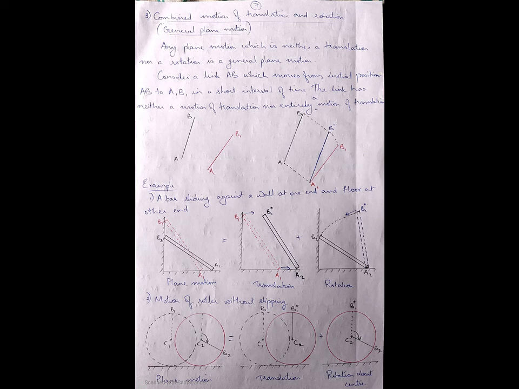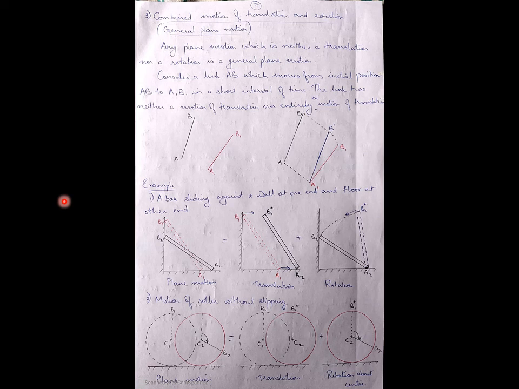So in the initial part, we have seen that there were three types of motion. First is translation, second is rotation. It was discussed in the last two parts about rotation. So in this part, it is the third type of motion, which is combined motion of translation and rotation.